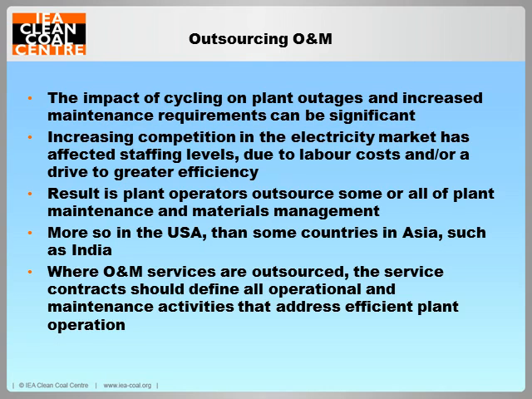Where some or all operational maintenance services are outsourced, it is important that the service contracts define all operational and maintenance activities that address efficient plant operation, including tracking operating changes, improvements, and deficiencies over time, and keeping a record of activities to detect and troubleshoot maintenance and operational problems.